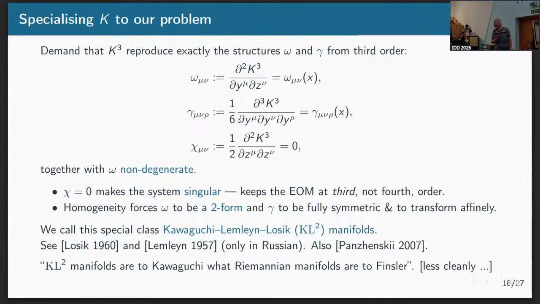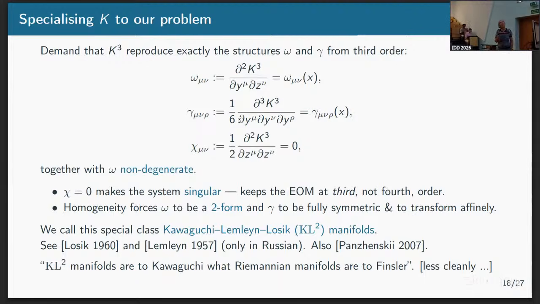And this condition basically tells you that with homogeneity properties, omega is a two-form, non-degenerate two-form, and gamma is some symmetric function that transforms the way we've seen before.